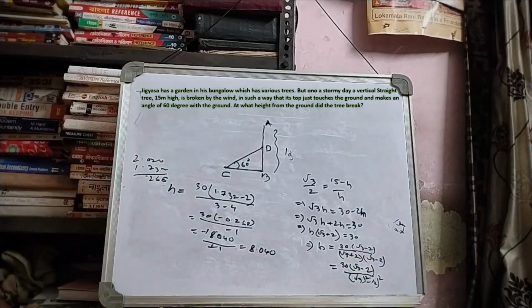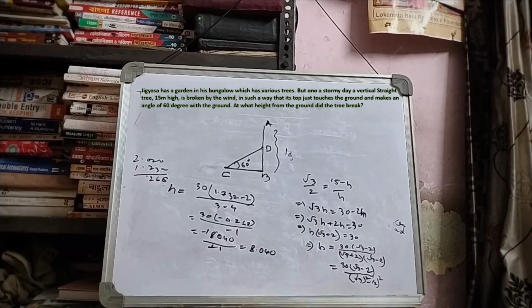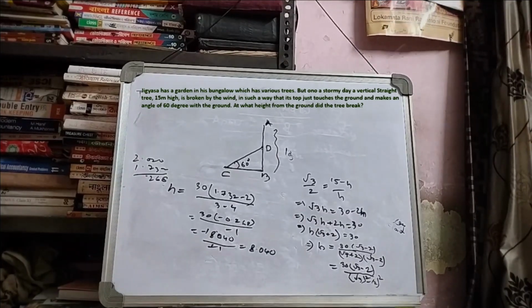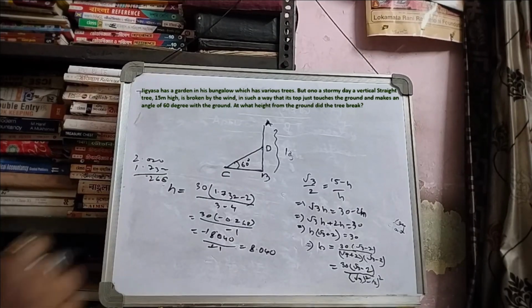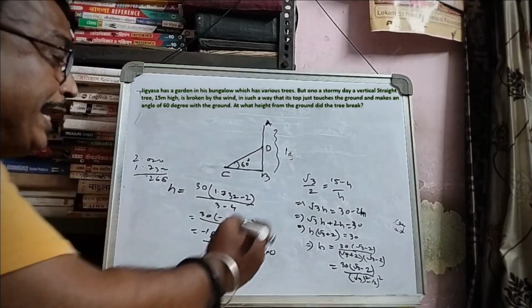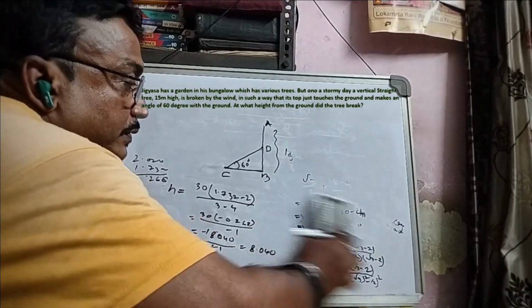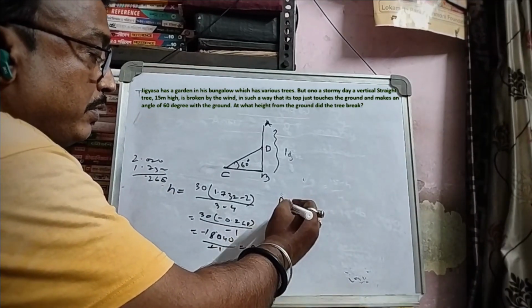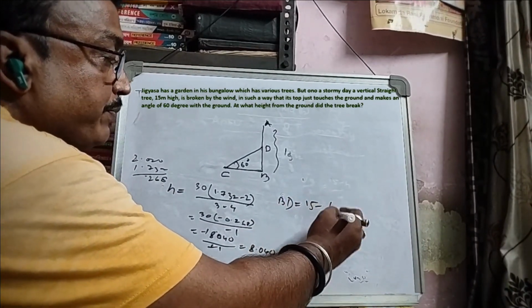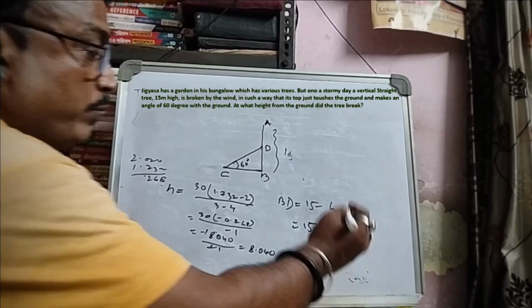So in our question, the tree has been broken right from the ground, so we must find out BD. BD is equal to 15 minus H, 15 minus 8.040.